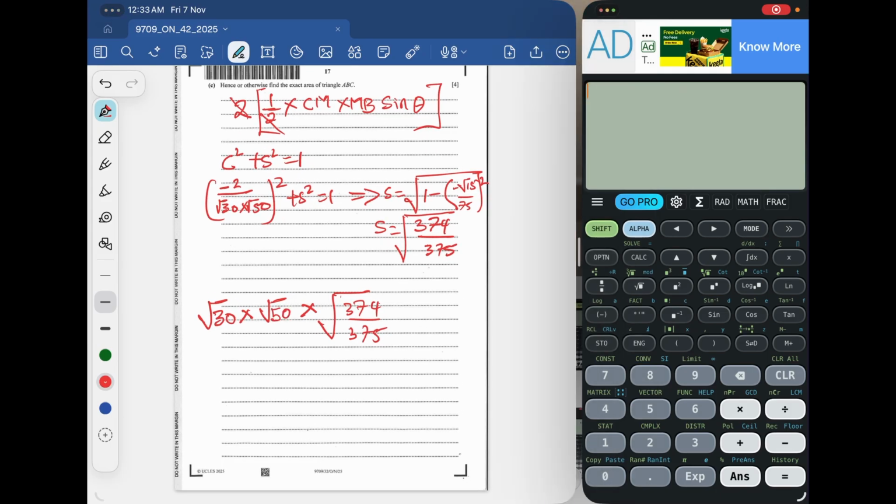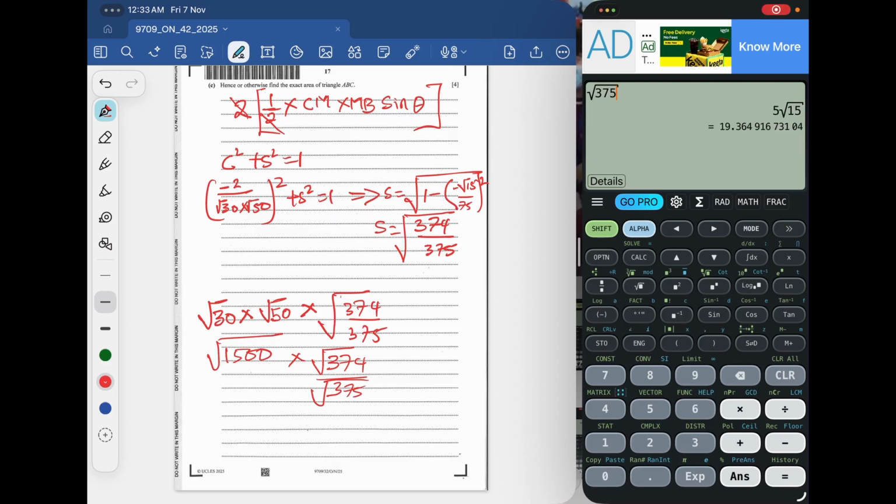So this will be square root of 1500 times the square root of 374 over 375. Okay, we need to give the exact answer. The square root of 374 does not simplify.